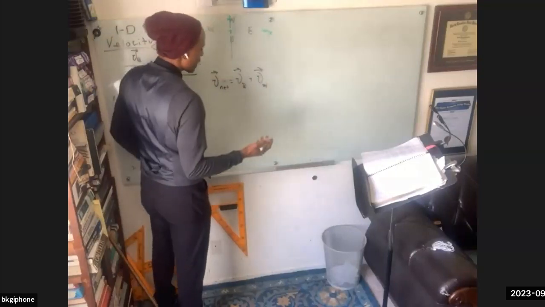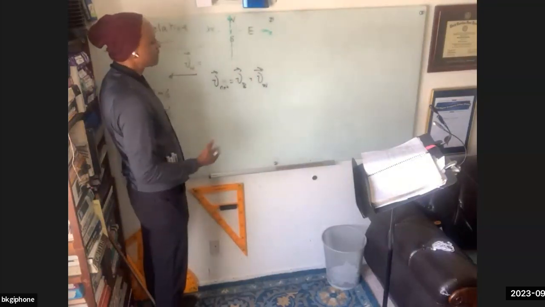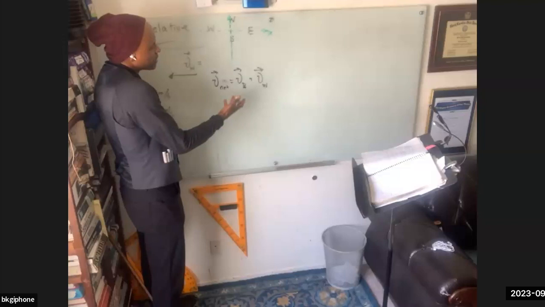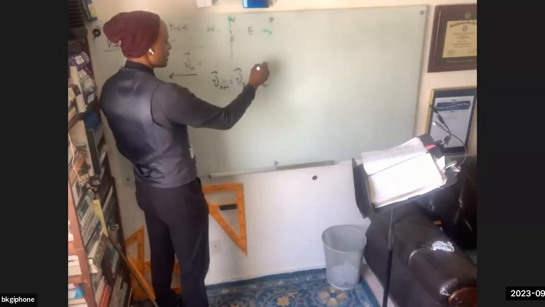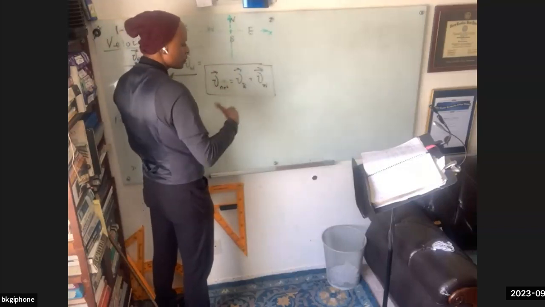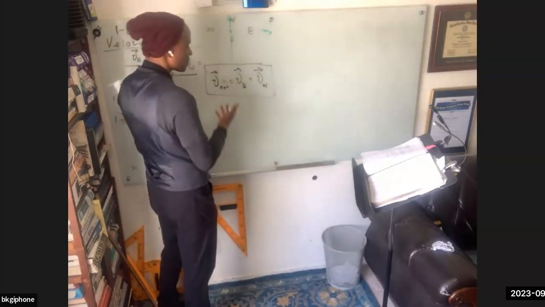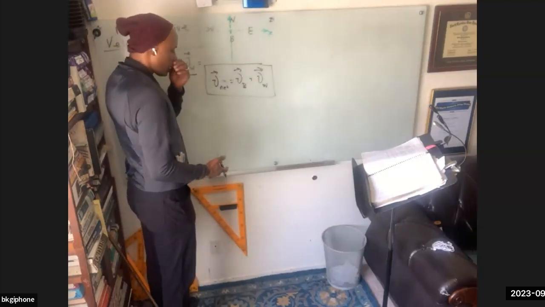This is the equation for relative velocity. When you look at the concept of relative velocity, they're just going to say that for two different velocities, the net velocity is the vector sum of each.